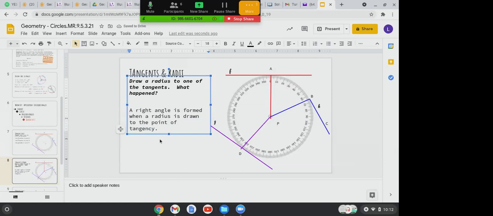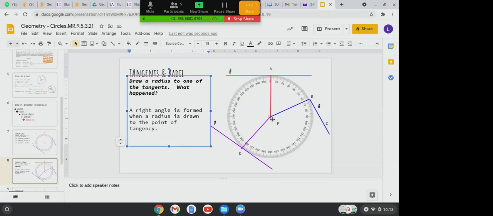All of that means is if you draw a radius, and a radius starts at the center of the circle, from the center of the circle to the point where the tangent hits the circle, you will form 90-degree angles.